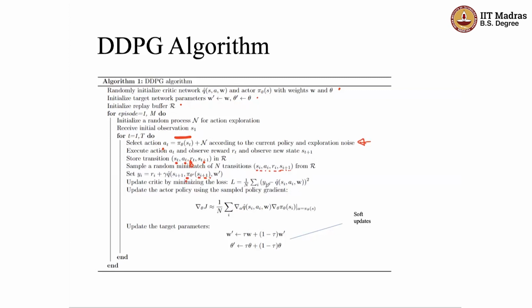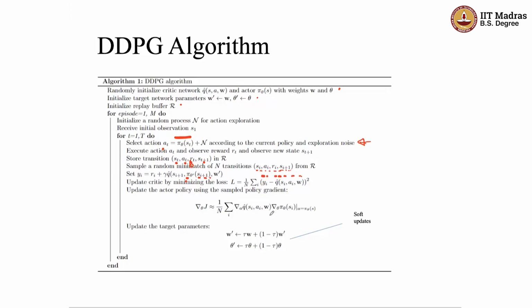And now I actually do this estimate by taking an average over all the losses. Basically, this is like the TD loss, if you will. All the TD losses I compute, and then I update the critic by minimizing this loss. That's a standard update.